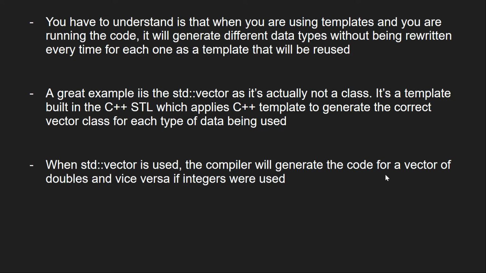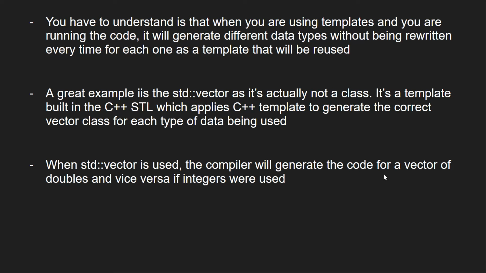You have to understand that when we are using templates, when you are running the code, it's going to generate different data types without being rewritten every single time, since a template can be reused. A great example is std::vector. It's actually not a class.